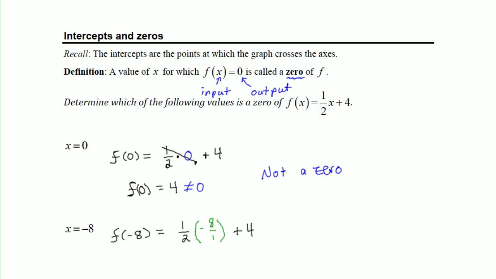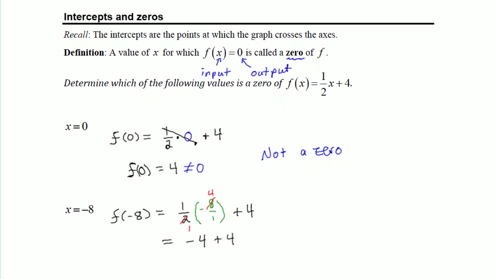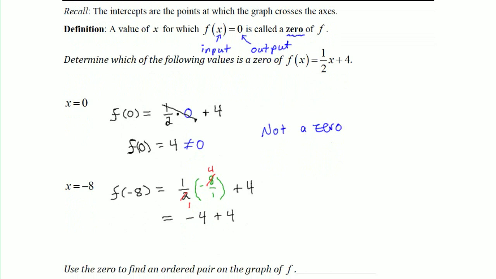And then, of course, we have a common factor of 2 here. So this gives us -4 plus 4 overall. And because this is equal to 0, f of -8 is equal to 0, we would say yes, this is in fact a 0 of the function.